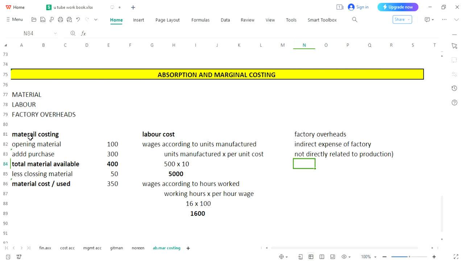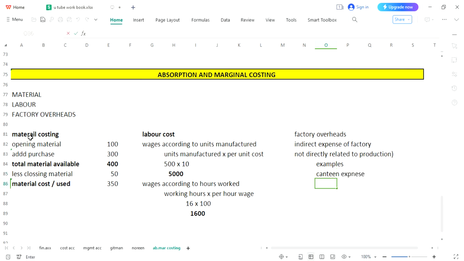So you are maintaining a canteen, but the canteen has no concern with the production. So it is indirectly associated with the manufacturing concern. Examples we can have: first example was canteen expenses or meals expenses.